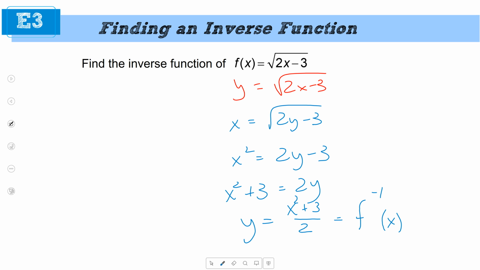I intentionally picked an example that's really easy. They get a little bit more complicated, but it's still the same process. Switch the x's and y's, solve for y. You got it. If you wanted to check that, you could take that inverse, plug it back into the original function, but again, it's repeating the example that I did earlier, so we don't need to bother.